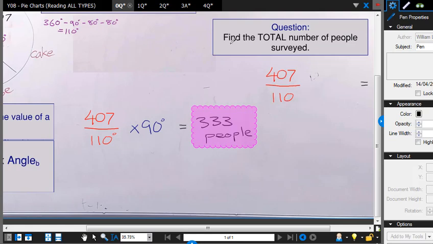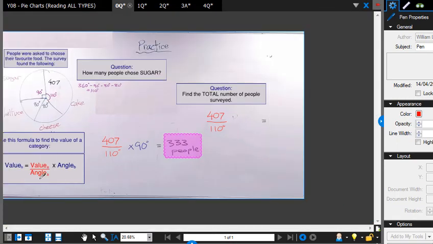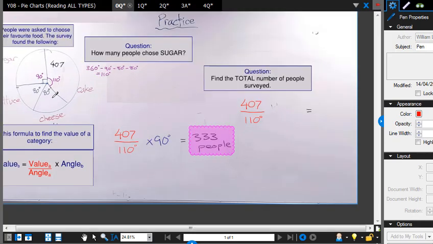So we look at our formula and we'll have value, that's the total value, is value A divided by angle A, which is 407 divided by 110, multiplied by the angle of the category we're looking for. Well, what's the category we're looking for?